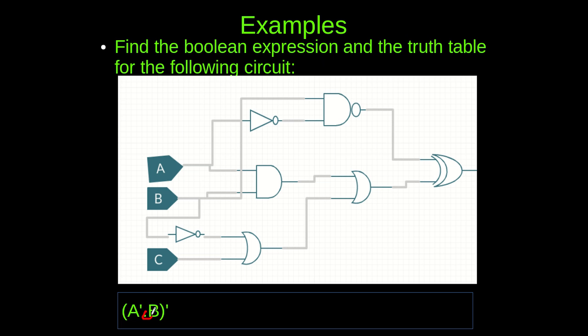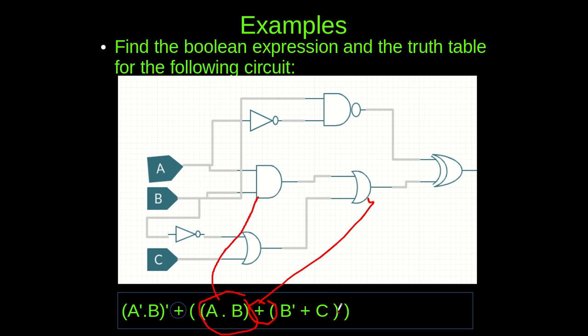Then those are XORed, and XOR is an addition with a circle, XORed with, let's start from here, A and B, A dot B, and then I have B not ORed with C, and both of those are ORed together. So this is the logic diagram, this is the Boolean expression.